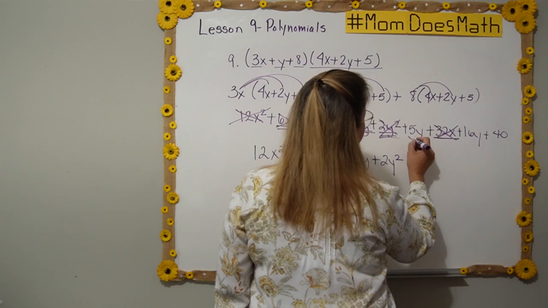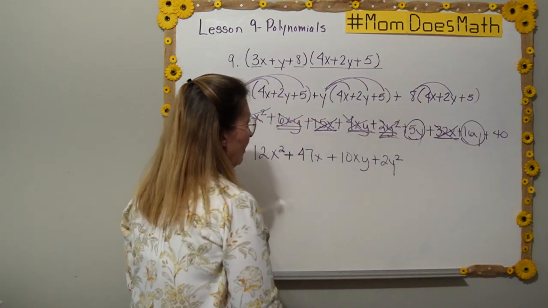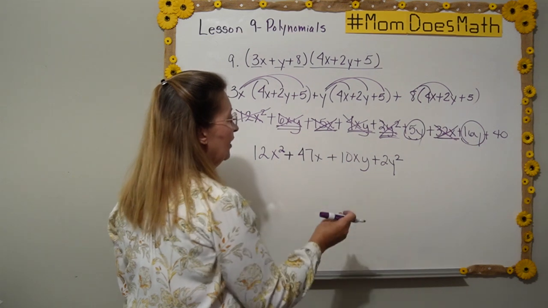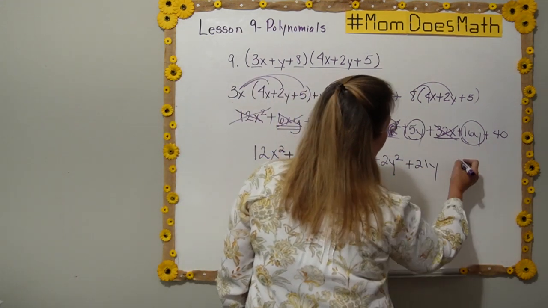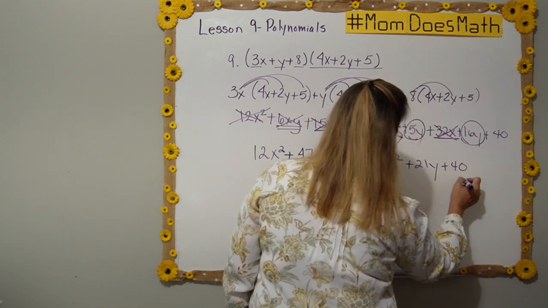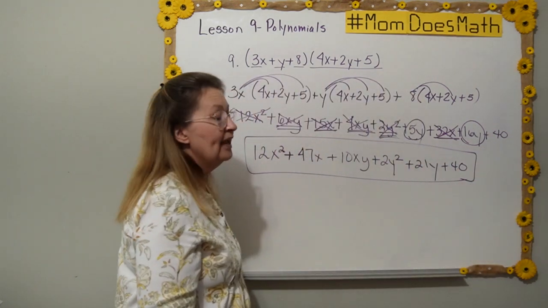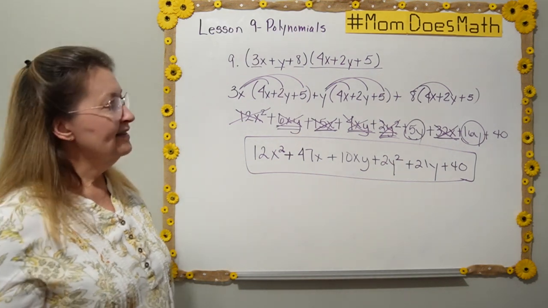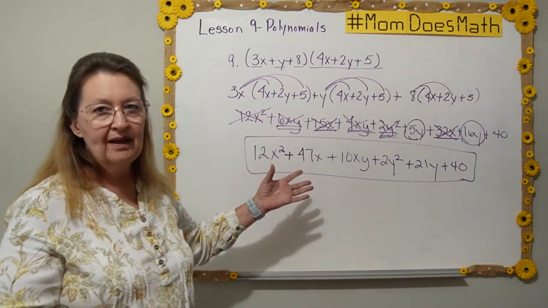All right, I do have a 5y and a 16y that can be combined. So that's going to be plus 21y. And then all I have left is the 40. And this big old long thing is, yes, your answer. So, like I said, it's more an endurance test than it is anything else.